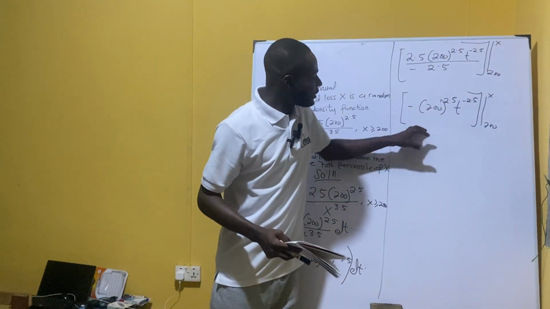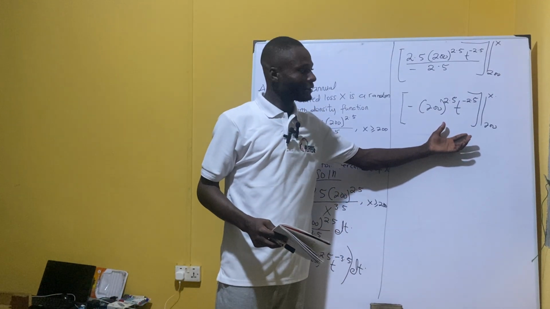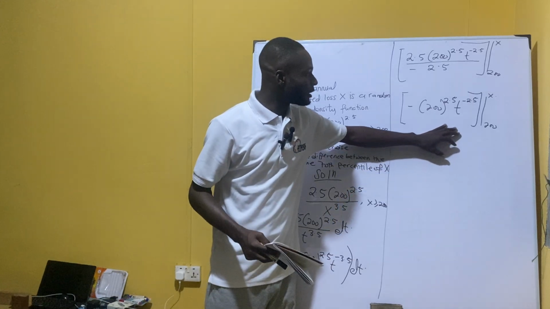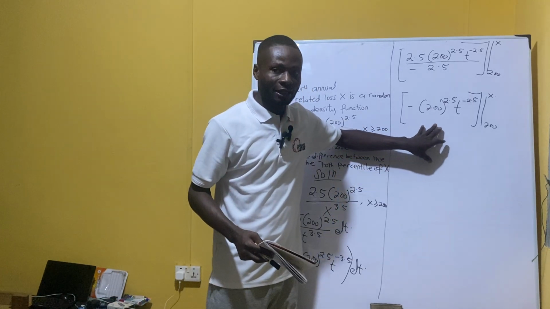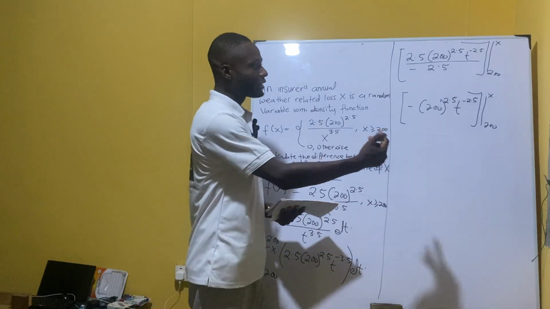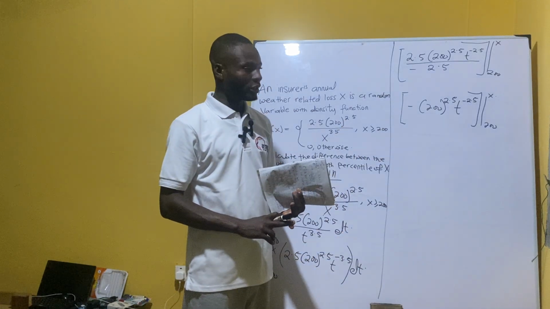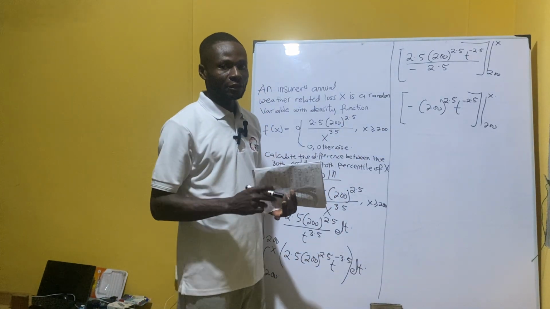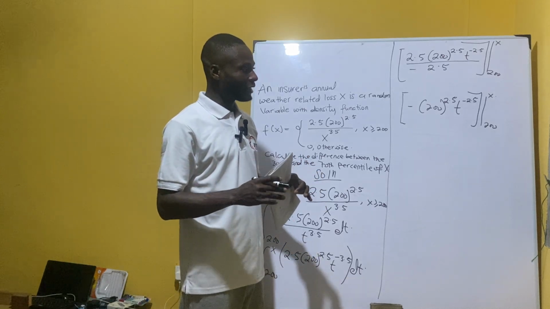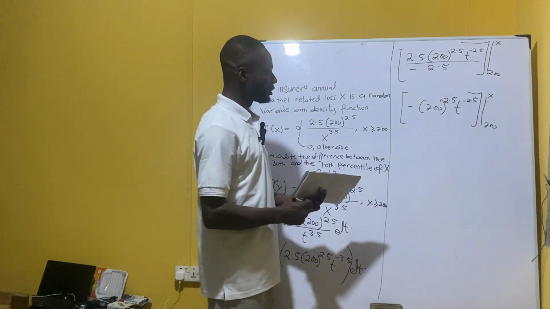When we put in the limit and simplify this integral, we equate first to the 30th percentile and then to the 70th percentile. After that, we find the difference. So let's go ahead.